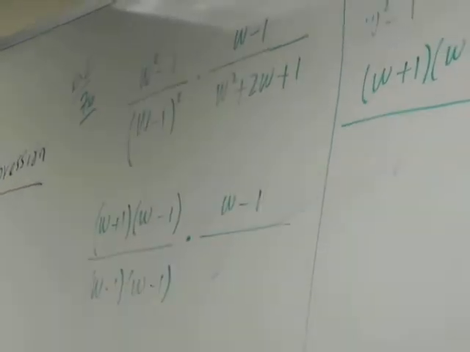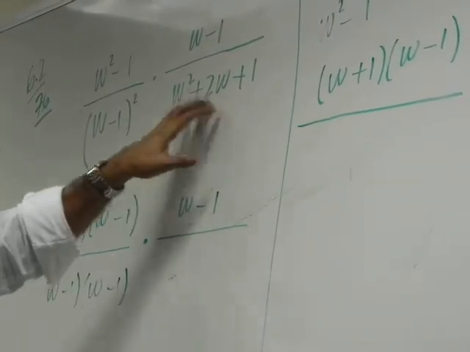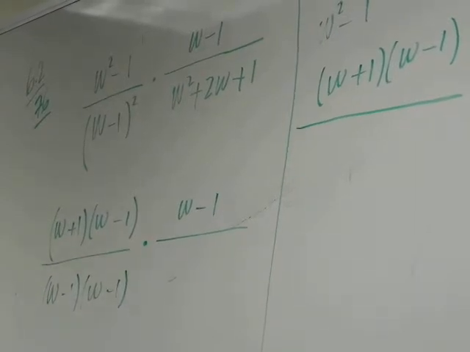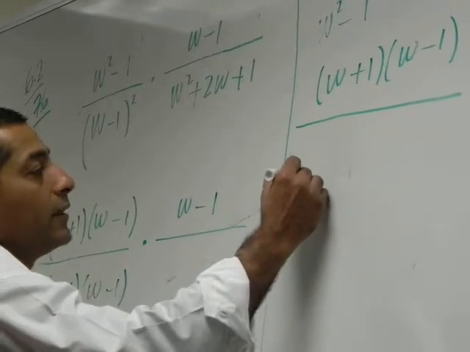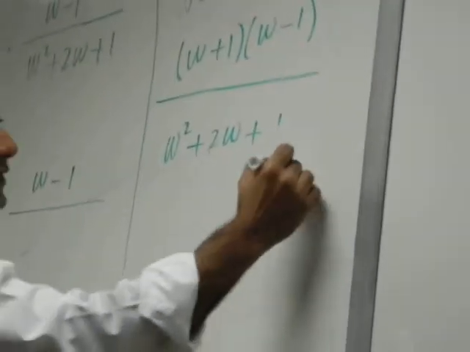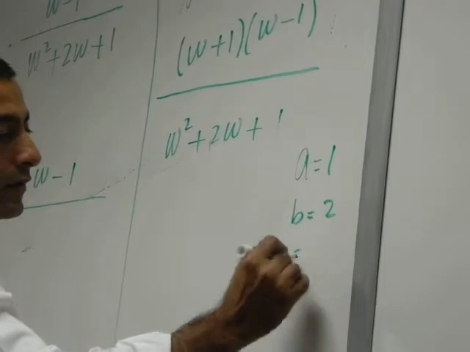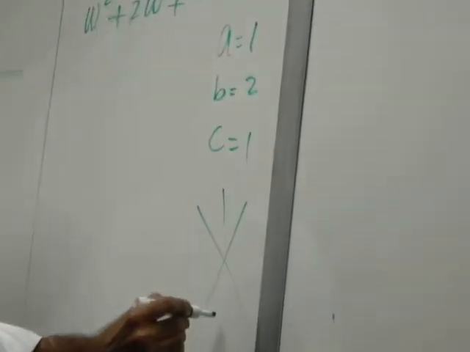Now we focus on the denominator of the second rational expression. How many terms do we have here? 3, so it's a trinomial. The only way we can find the factors for a trinomial is the AC method. So I'm going to write down that trinomial so we can find its factors. What is A, B, C? What's going to go at the top? 1. And at the bottom? 2.